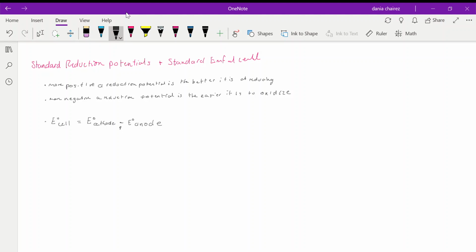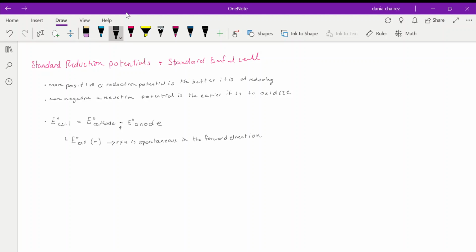So then rules for the E cell are that if the E cell is positive, then your reaction is spontaneous in the forward direction.